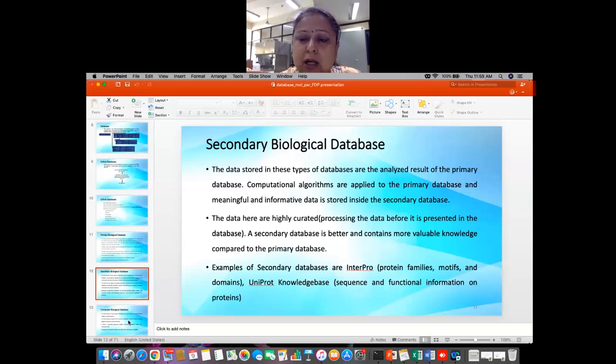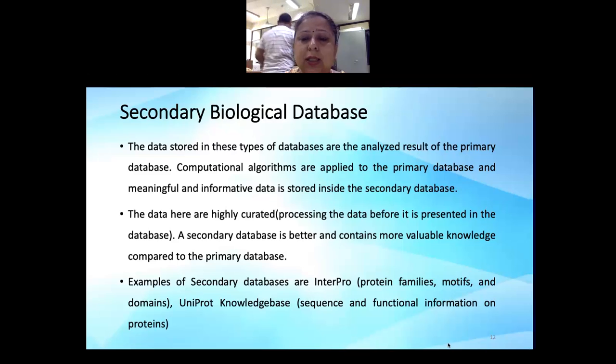Computational algorithms are applied to the primary database, and meaningful and informative data is stored inside the secondary database. The data here are highly curated, processing the data before it is presented in the database. So a secondary database is always better and contains more valuable knowledge compared to the primary database.